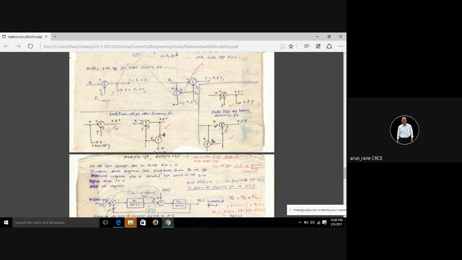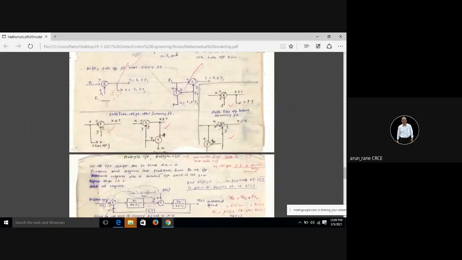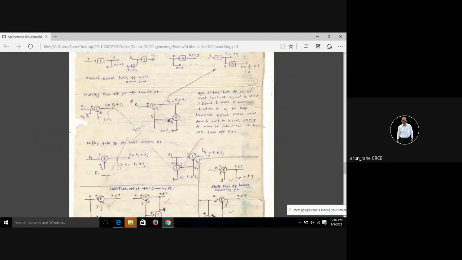Look at this diagram. This diagram is the same, only a little more nicely drawn. So this is again the same, shifting the takeoff point before the summing point. That is, this point has been shifted before the summing point.